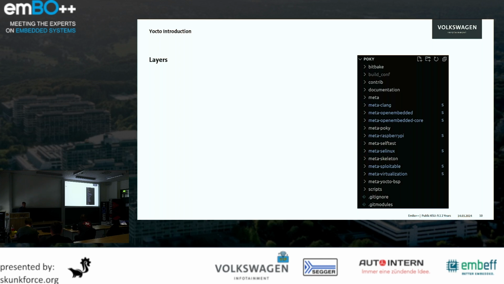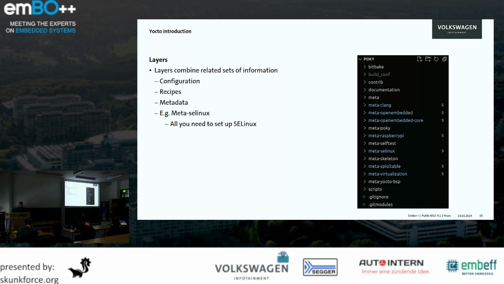Each of them is a layer. So what does a layer do? It bundles related sets of information, so configuration files, recipe files, metadata, and for example, the meta-selinux Yocto layer gives you all the tools you need if you want to use SELinux on your system.